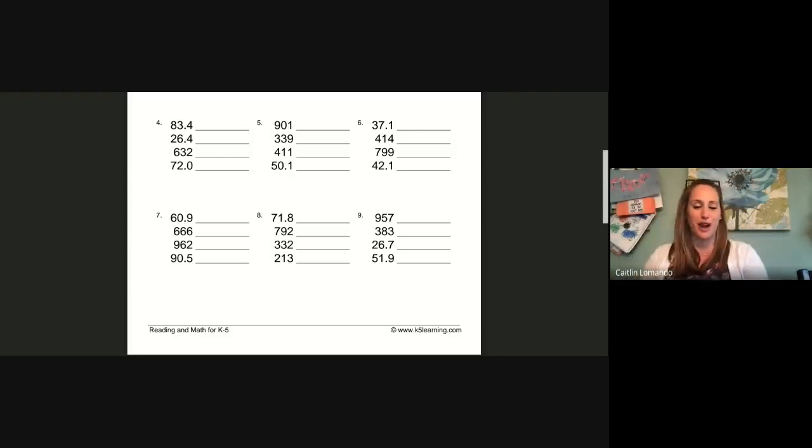All right, let's try one more problem set before we go into our Google form. We have 4 numbers here, 957, 383, 26 and 7/10, 51 and 9/10. Let's pause and write them in order.